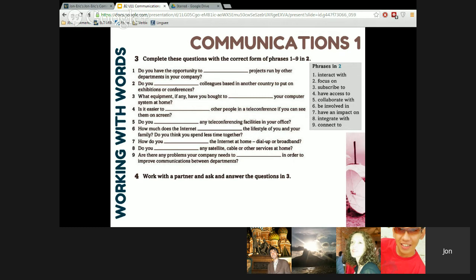Ari, we're on the fifth one. Remember, we've used collaborate with, integrate with, and interact with. So those are gone. Do you blank any teleconferencing facility in your office?